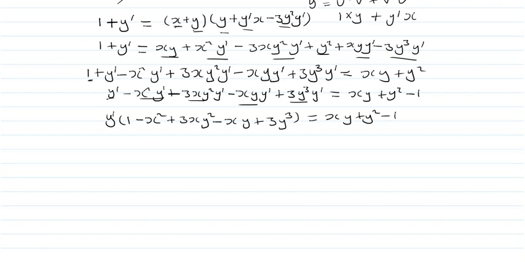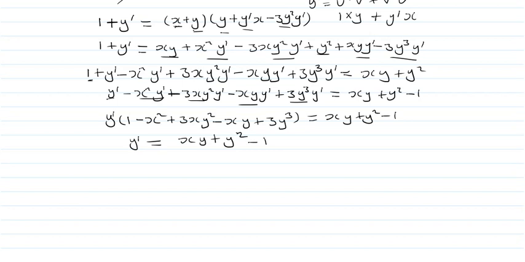Since we only want y prime, we can divide throughout by this whole term here. So dividing throughout, we are going to have y prime, which will be equal to x y plus y squared minus 1.